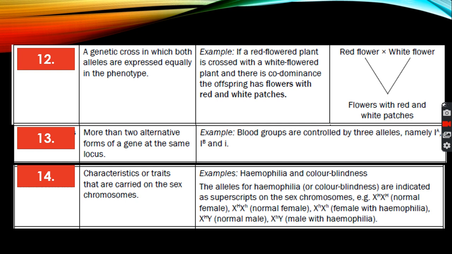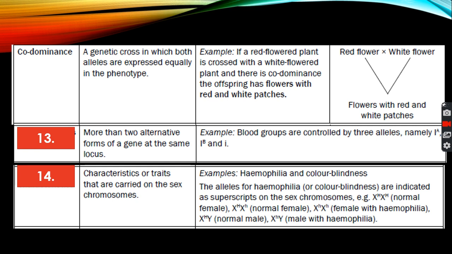And the third one, codominance. So you know complete dominance, you know incomplete dominance. Now let us look at codominance. What is codominance? Let's again look at the example. With codominance, you are crossing a red flower and a white flower, and you get a flower with red and white patches.